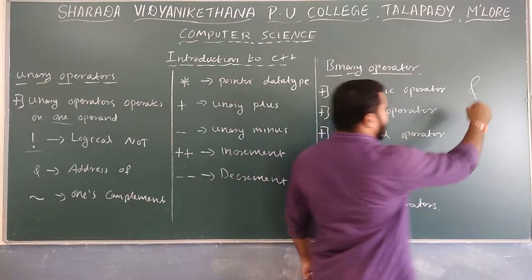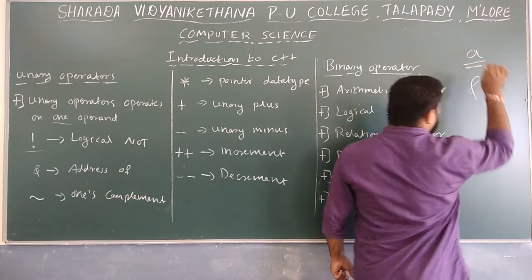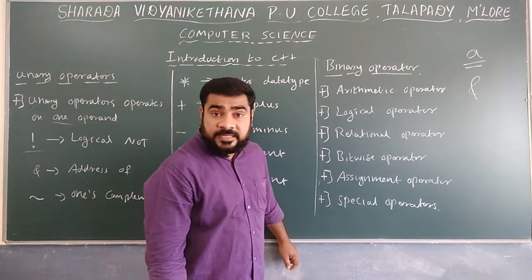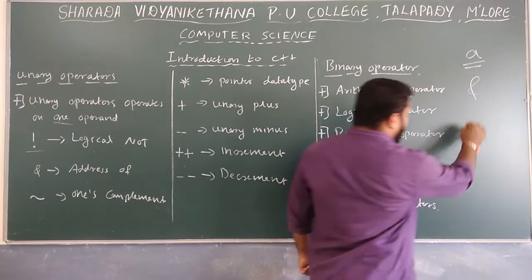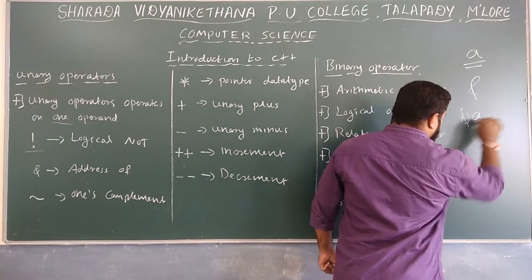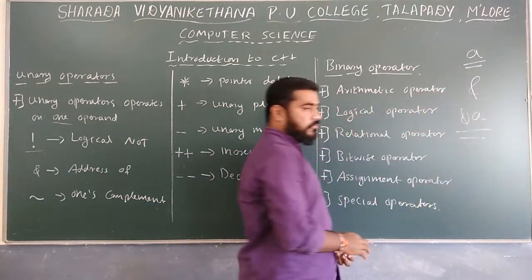For example, if the variable is A, you can find the address of A using AND A. This is how we find the address of a variable.